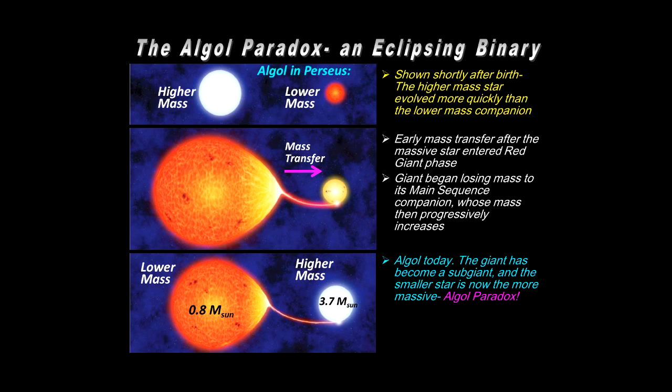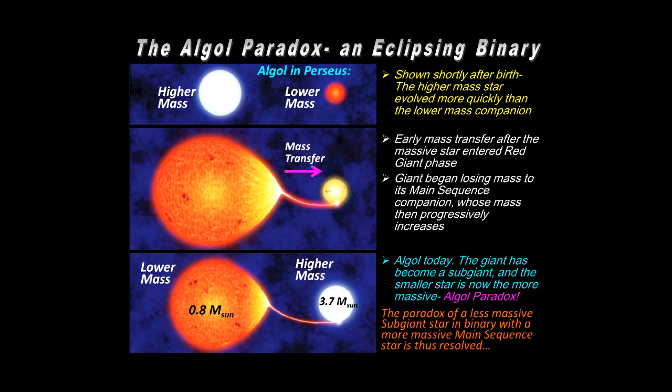You may recognize the paradox, namely that how can a 3.7 solar mass star be a main sequence star as a companion to a 0.8 solar mass red giant? So the 0.8 solar mass should not become a red giant until much, much later than a 3.7 solar mass star.